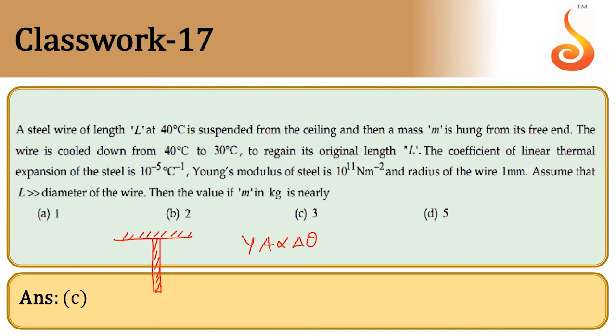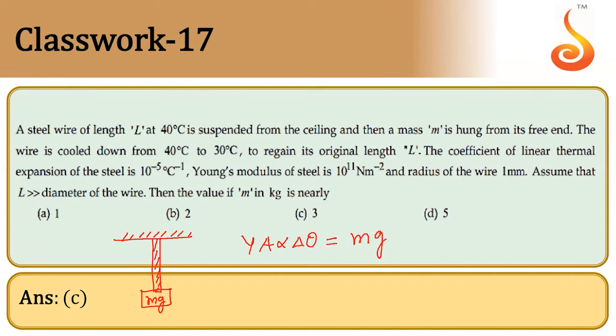For that, I attach one load. So what does this load do? This load will try to expand the wire. Am I correct? Understood? This load will try to expand the wire. Cooling will try to contract the wire. Suppose I don't want contraction, either contraction or elongation, then that Y alpha delta T should be equal to mg.